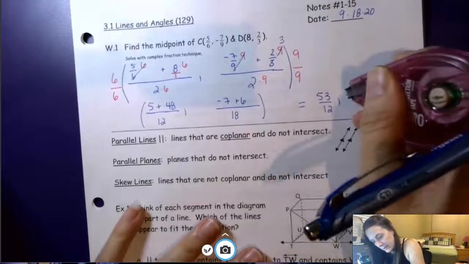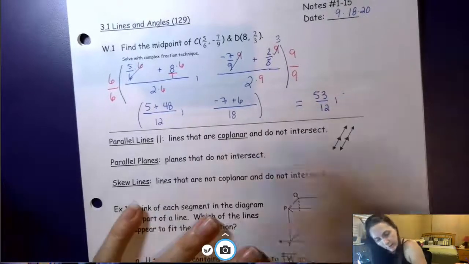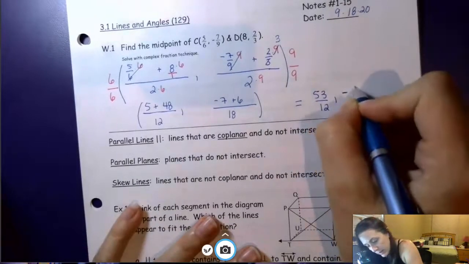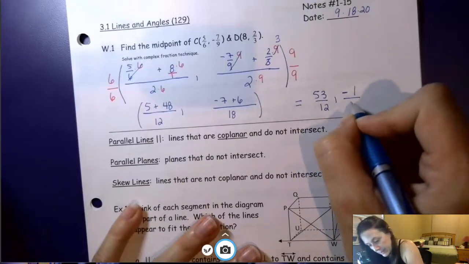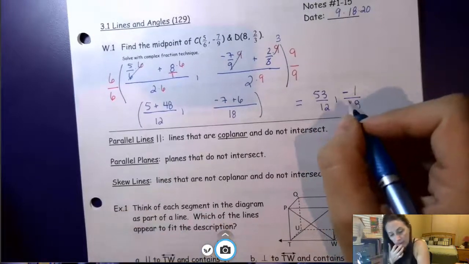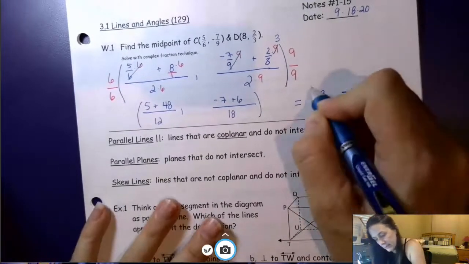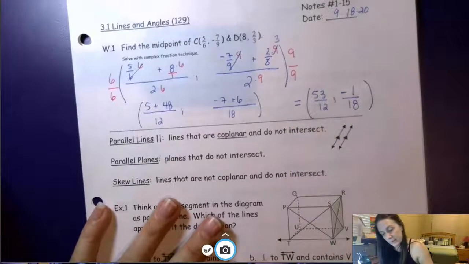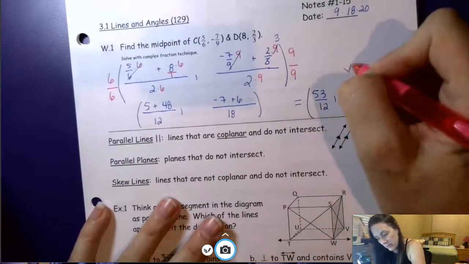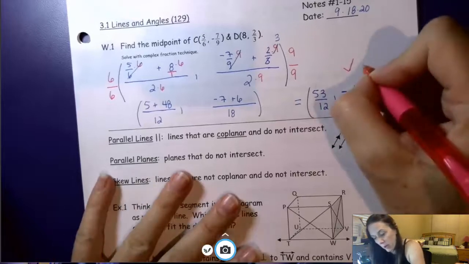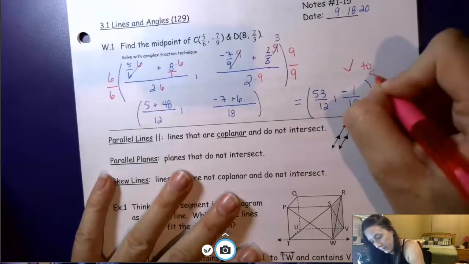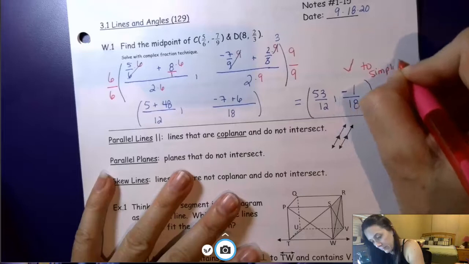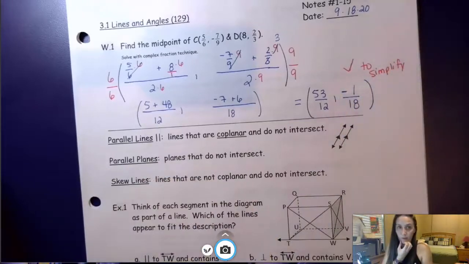Okay, negative 1. Negative 1 over 18. Now you always, always, always check to see if you can simplify one last time, and there are no common factors, but always check to simplify in case you miss one thing in there.